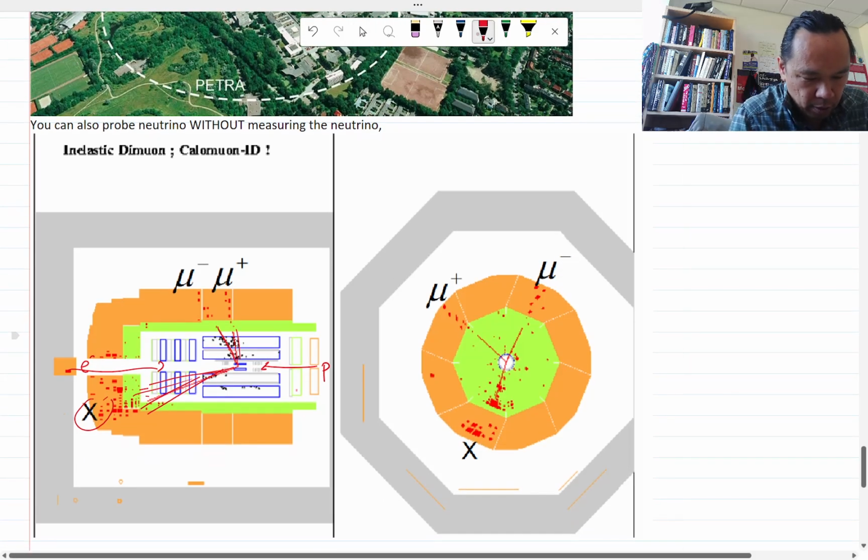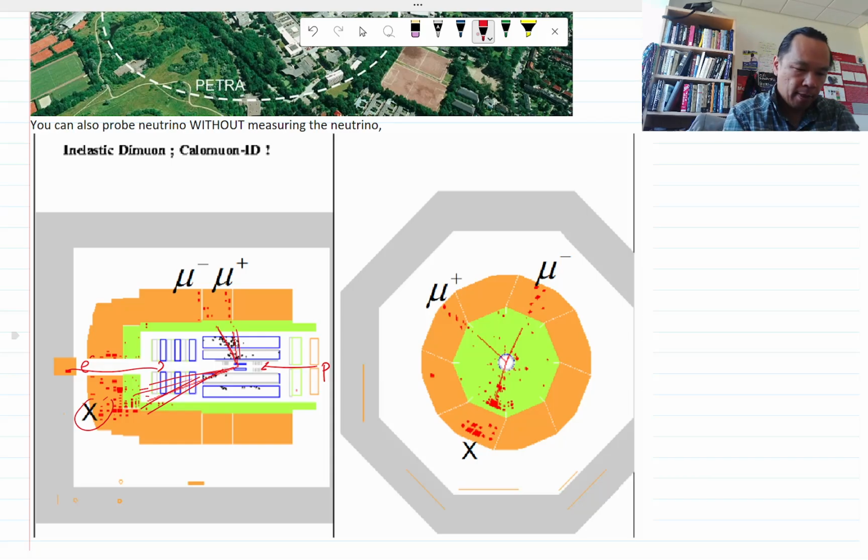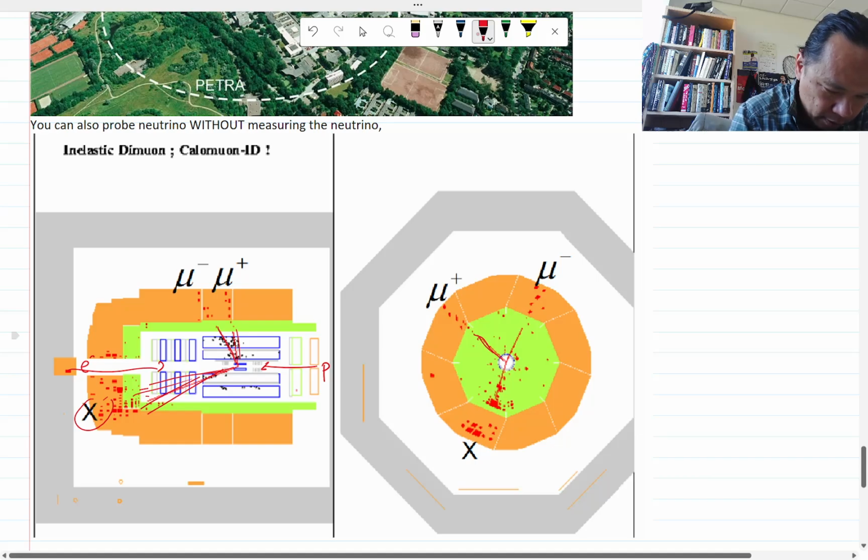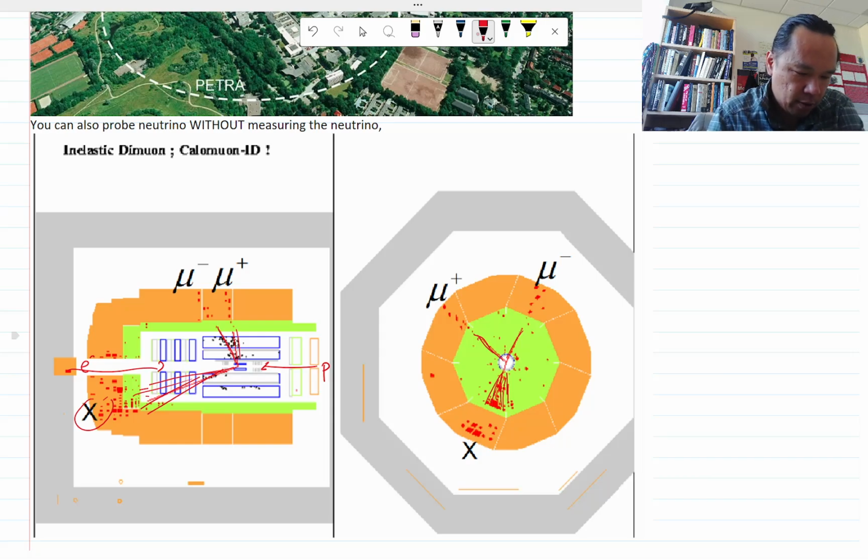But if you look at maybe the XY view, meaning looking down the beam pipe, what you'll see is that the mu plus came out this way, the mu minus came out this way, the hadronic stuff came out this way. It seems like there's an imbalance of stuff coming here, right? So you can infer that this is actually where the neutrino came out.